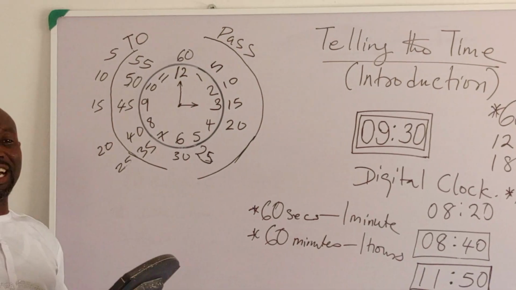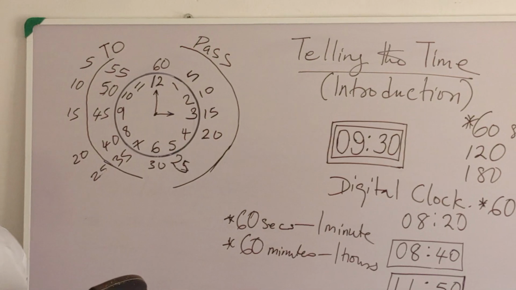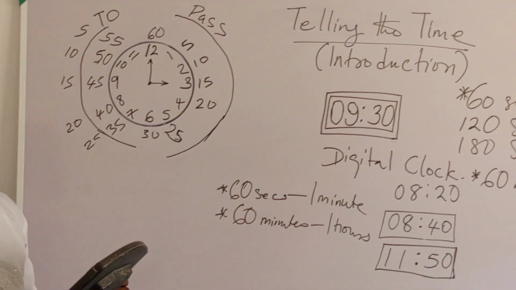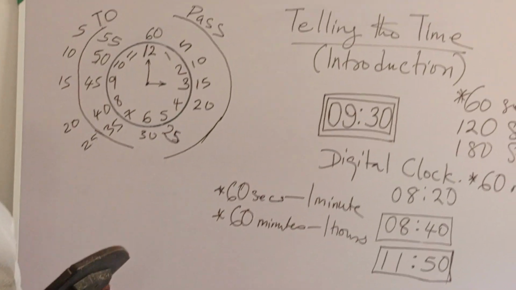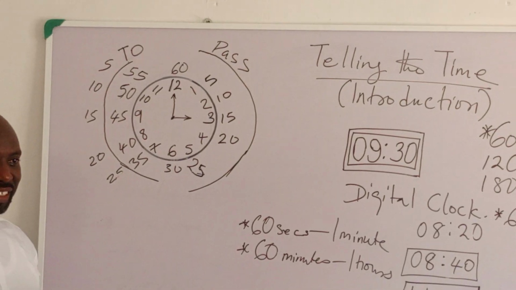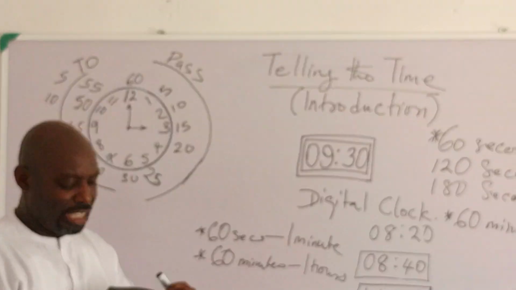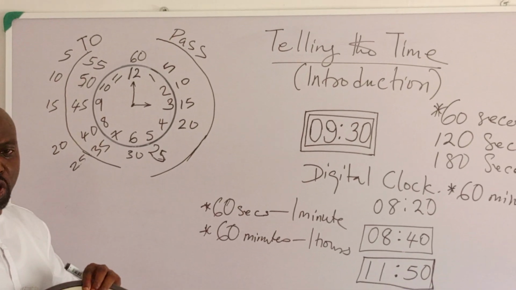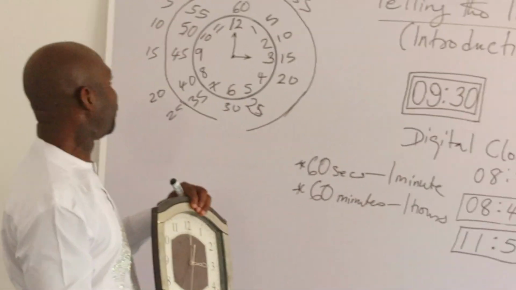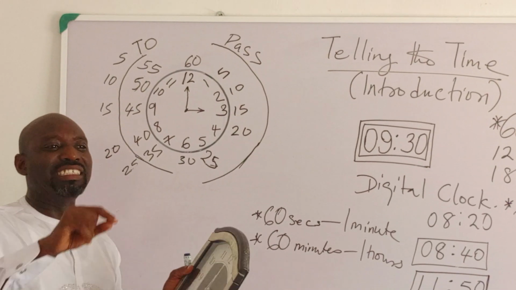Some of you go to church at 6, evening service at what? 6 o'clock. Some of your morning services are 9 o'clock or 8 o'clock. You go to school by 7 o'clock. Do you understand? Yes. So at that point, the long hand must point at what? 12. The minute hand will be at 12.